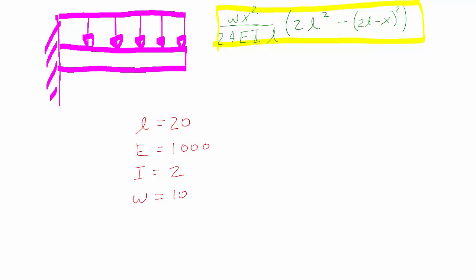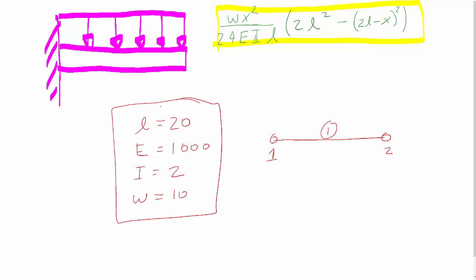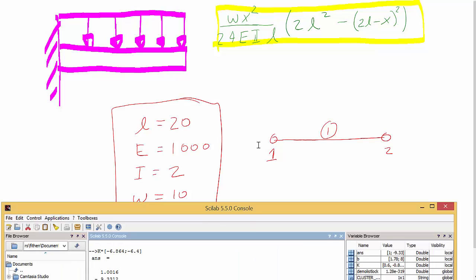So your first inclination may be to go out into the finite element code and put node 1, node 2, and say this would be element 1, and then take all this information and put it in. What we'll do real quick here, I have SciLab brought up here.